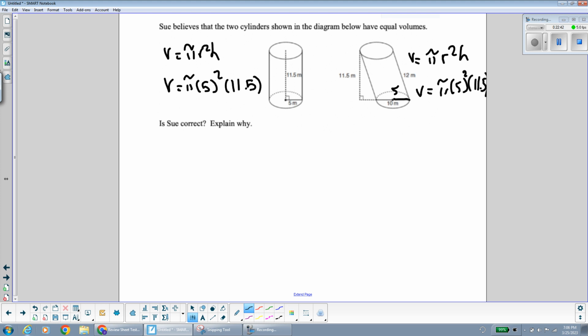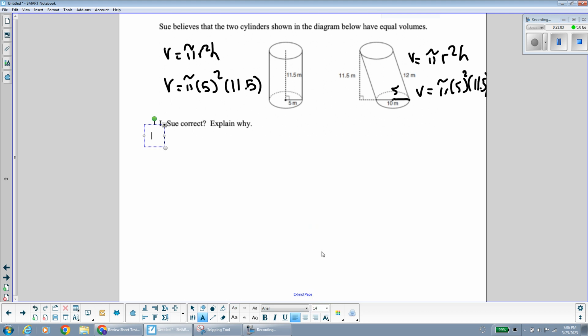And the height, which is the altitude, is still 11.5. So notice that even though these look a little bit different, that this one is a right cylinder and this one is an oblique cylinder, it's slanted, they still are going to have the same volumes because we're still plugging in the same stuff. The reason for that is something called Cavalieri's principle, which I am going to write down.